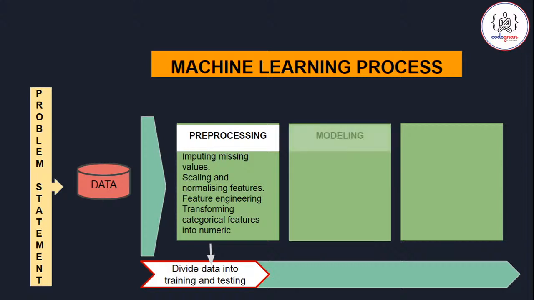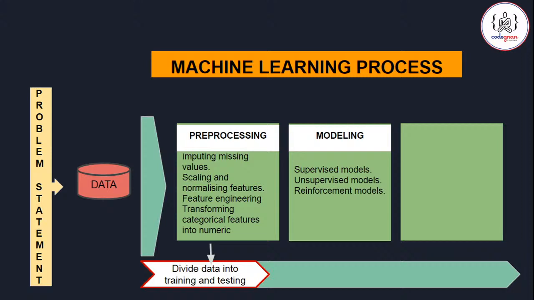All right, now after this, we choose the type of modeling that we want to do, or the algorithm that we want to apply here. You can apply supervised models, unsupervised models, and reinforcement models. It all depends on your preprocessing and exploratory data analysis.